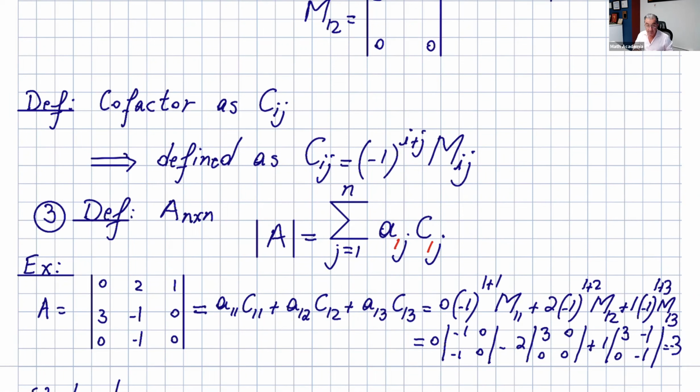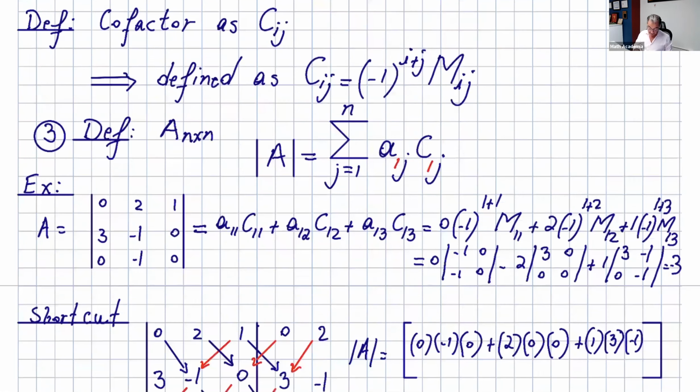Now, I put 1 in red because this does not change. This is just when you want to expand the determinant along the first row. So this is the first row, and the red numbers don't change. And of course, you take that entry and then you multiply it by the cofactor of that entry. And once you add all of them, that's going to give you the determinant.